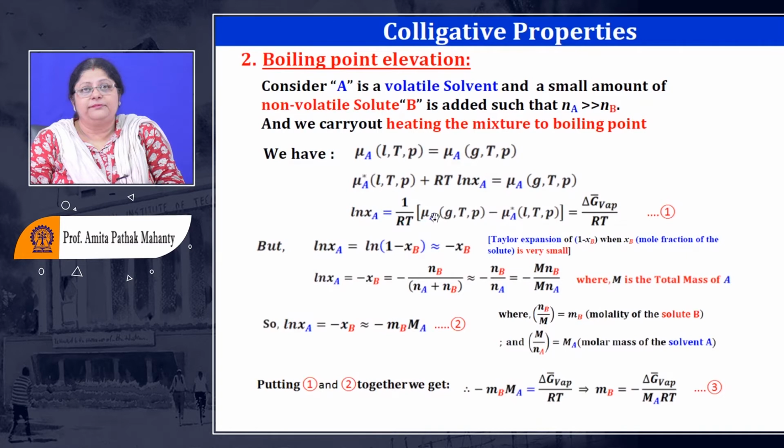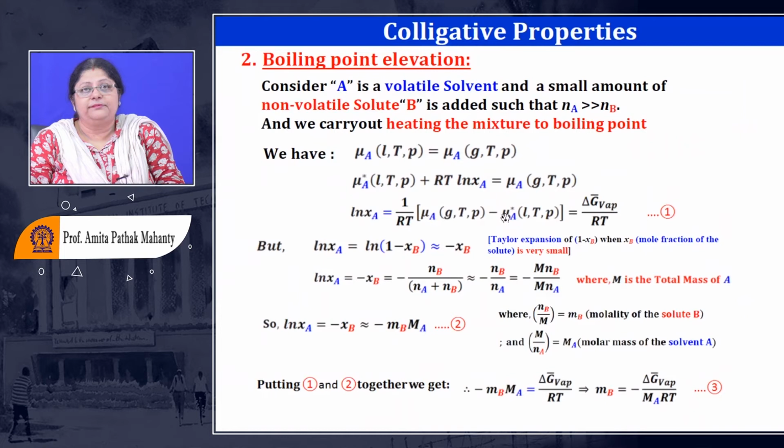Now, this is also pure, this is also pure, we have a difference between the chemical potential of the gaseous phase minus the liquid phase. What is that going to be equal to? It is going to be the change in Gibbs molar energy, because this is defined per mole, this is also defined per mole.